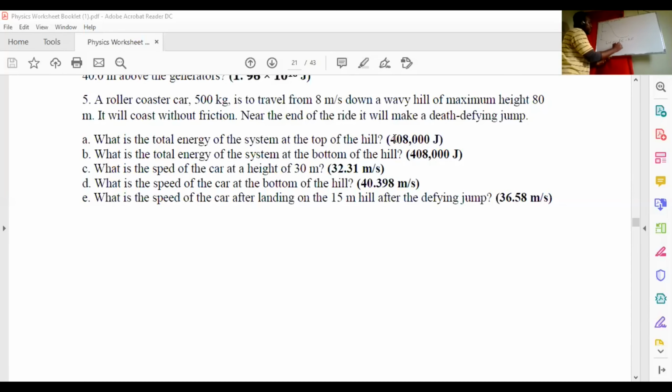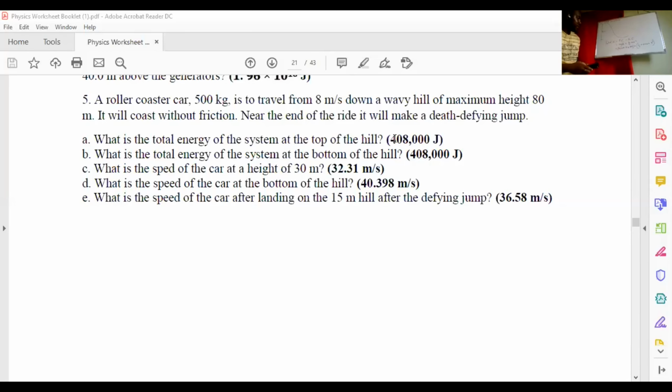We know PE is mgh and KE is half mv squared. So the mass of the cart is 500, times g, which is, let's use 10, times h, which is 80 meters. That's our potential energy, plus our kinetic energy, half the mass 500 times the velocity squared, 8 squared.